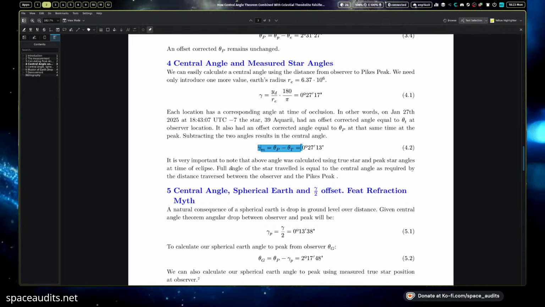The full angle of the star traveled is equal to the central angle as required by the distance traversed between the observer and Pike's Peak. So that's the relationship of the star's ground position change over that distance being equal to that angular amount, which is the elevation difference between flat Earth and globe.